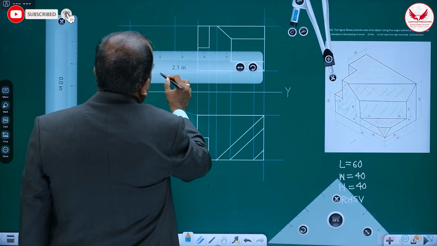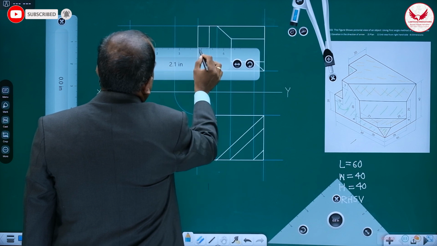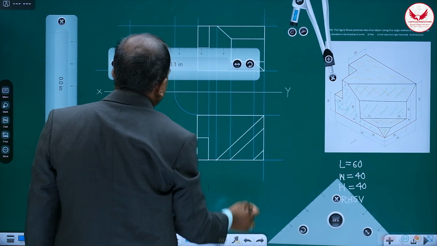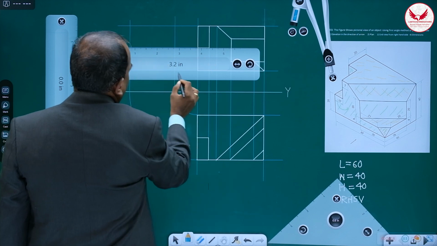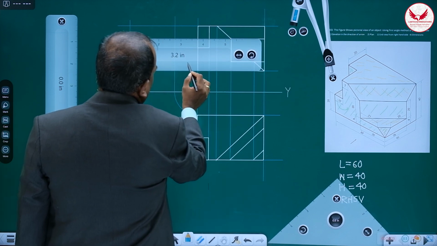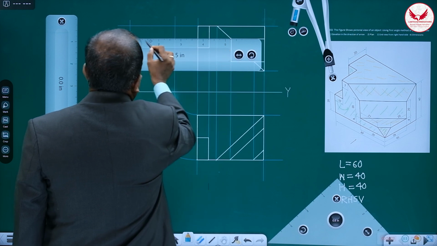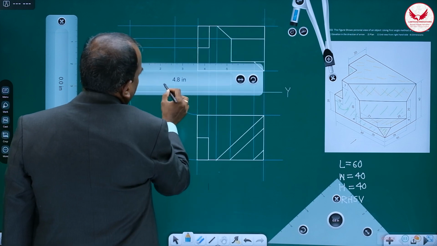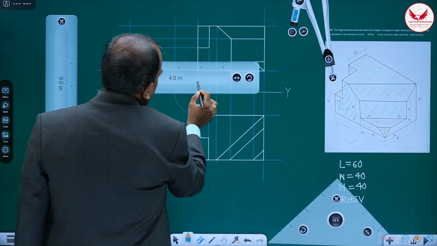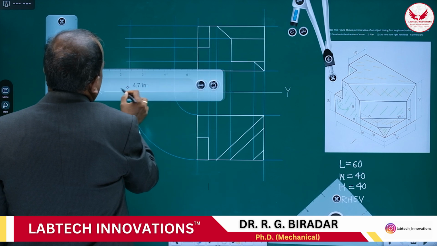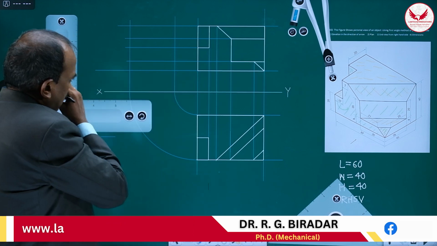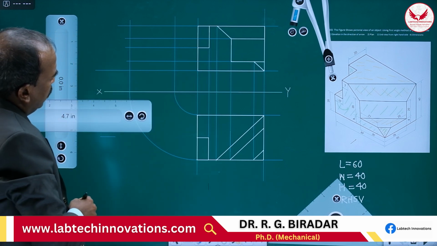Especially from the front view, whatever the horizontal lines are there, this line like this, then again it is like this, and this height is like this. So it is going to be useful.